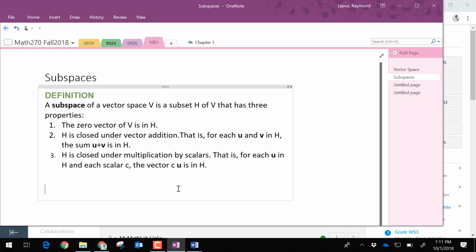So let's take a look at our example one with the polynomials. Let's say V equals polynomials.